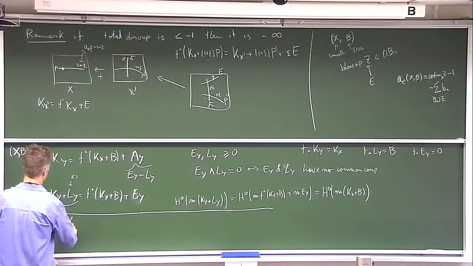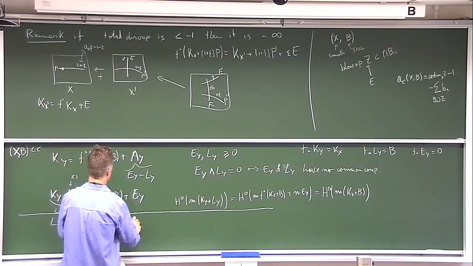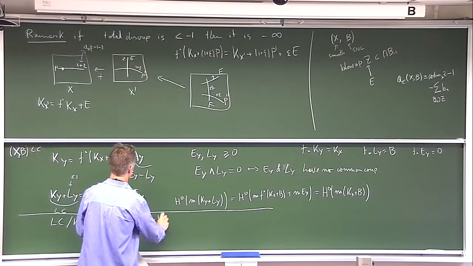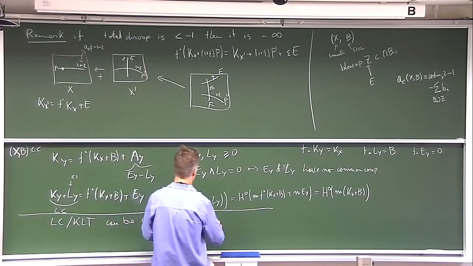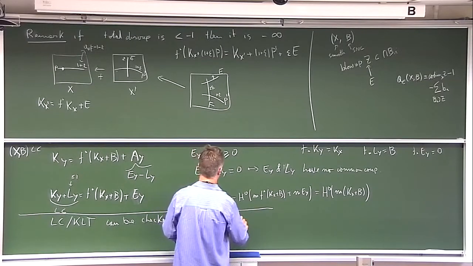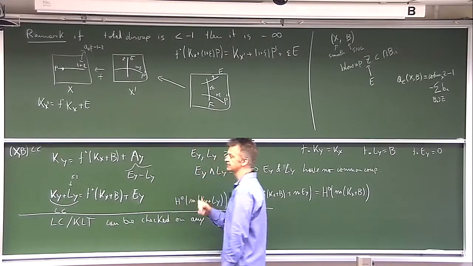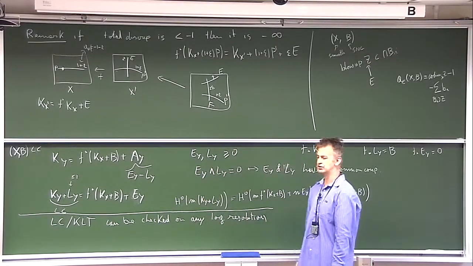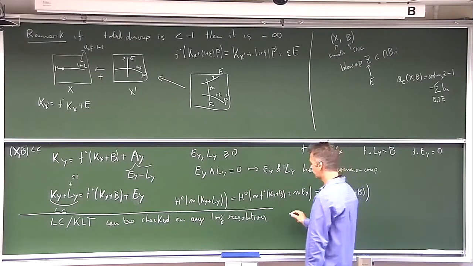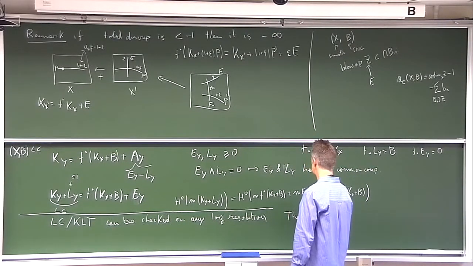Log canonical and KLT conditions, it's a theorem, can be checked on any given log resolution. So it's quite easy to check these conditions. You make it have simple normal crossings and you just look at the coefficients. And the remarkable thing is that they have mild singularities.